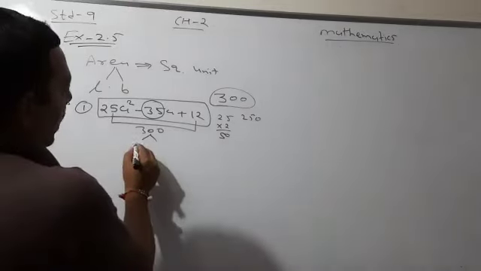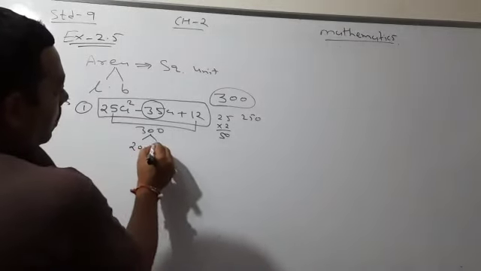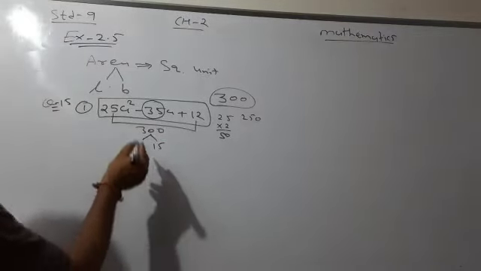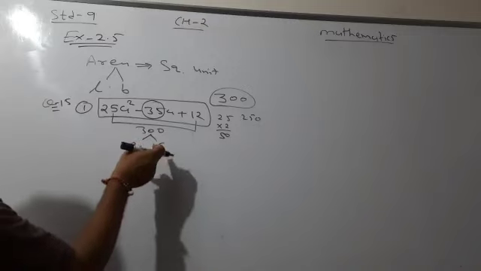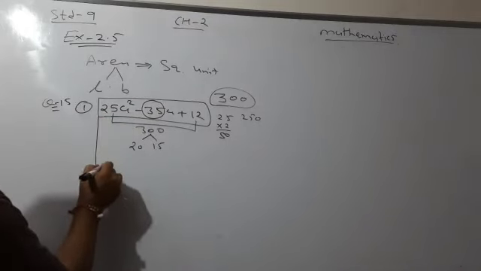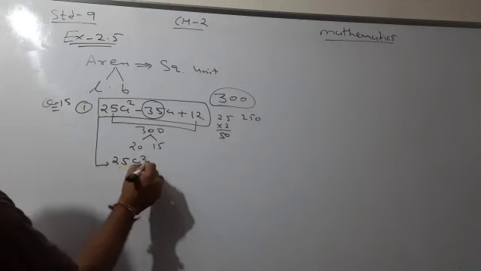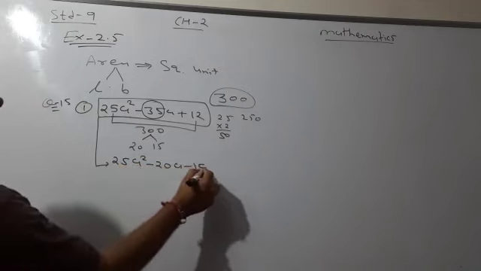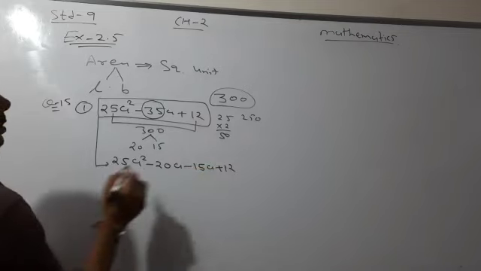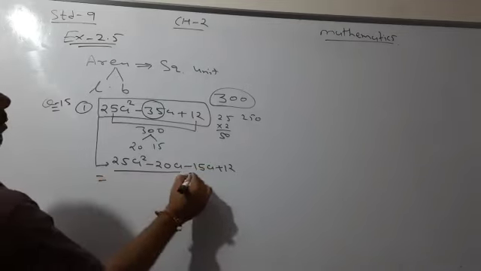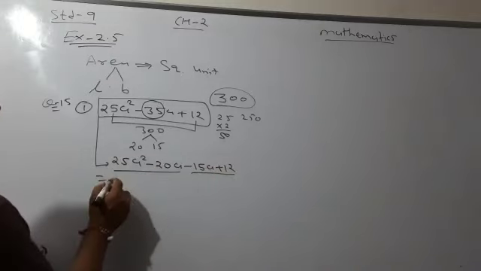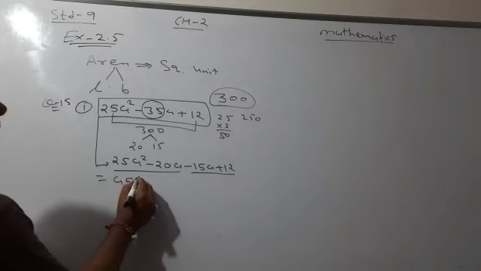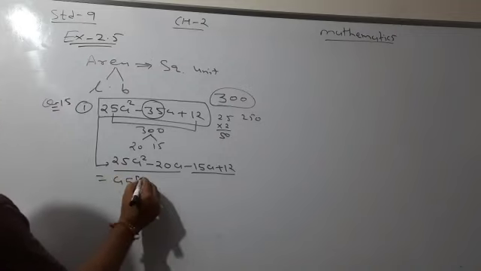Now you might remember that 20 into 15 is 300 and 20 plus 15 is 35. So we can write this as 25a square minus 20a minus 15a plus 12. Now what can we take common from the first two? Clearly a, and second, 5. What is left after taking 5?